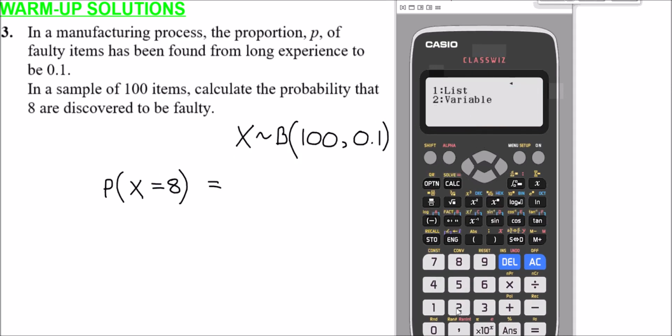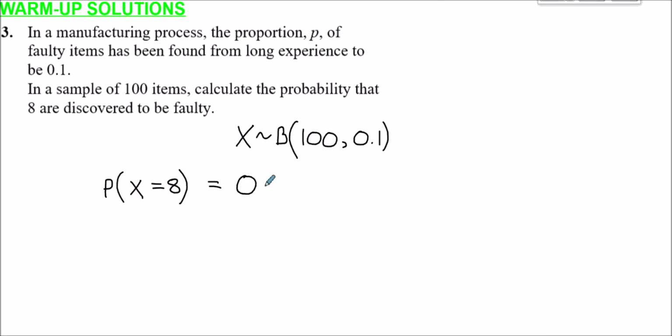Press 2 for variable. And we want 8 from 100, where the probability of this happening is 0.1. So they are the parameters. Press equals, and we get 0.115 to 3 significant figures. And so that's the probability of there being 8 faults from 100, assuming this binomial distribution.